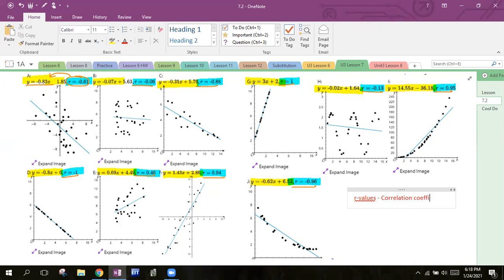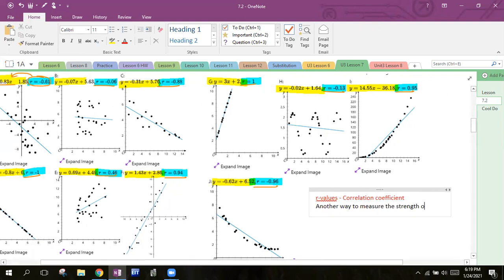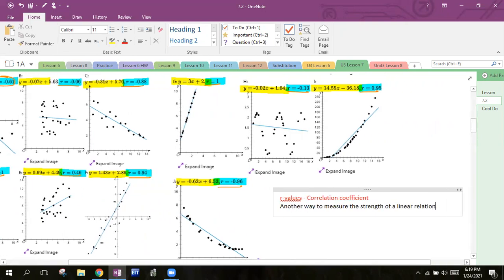So write this down. Let me spell this right. And this is just another way to measure the strength of a linear relationship.